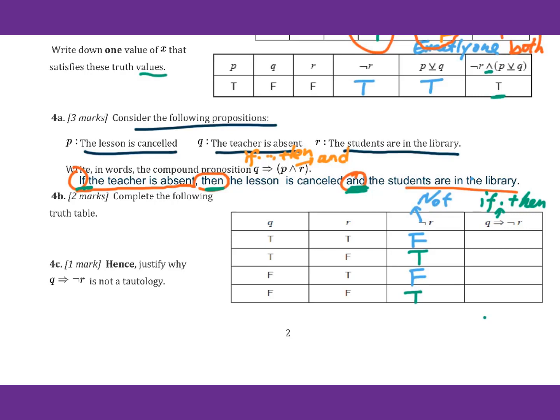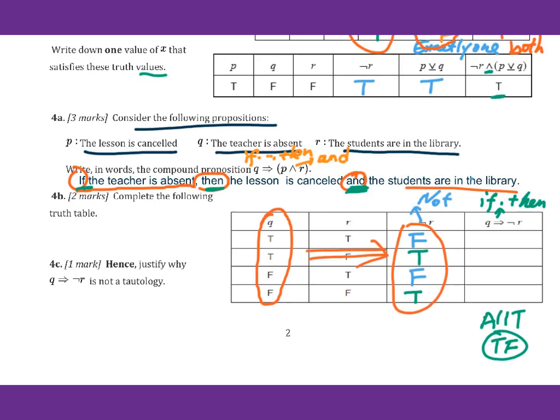The keywords will be all true, except true, false. Therefore, from Q to not R, this way, we check true, false. This will be false. True, false, we don't have any. So we have true, true, true.